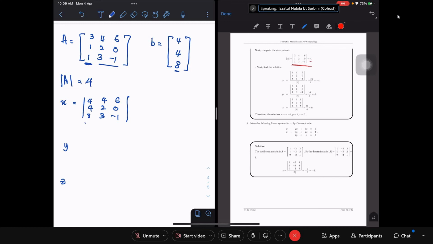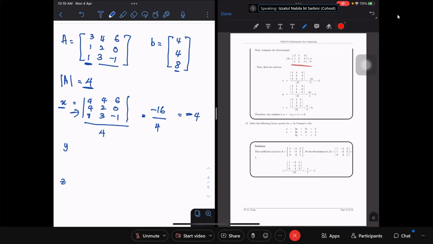Find the determinant for this and divide by the determinant of A, which is 4 just now. If you find the determinant for this, you will get -16. You can find out yourself how to find this determinant. So you get -16 over 4, so automatically X is equal to -4. This is for the first variable.